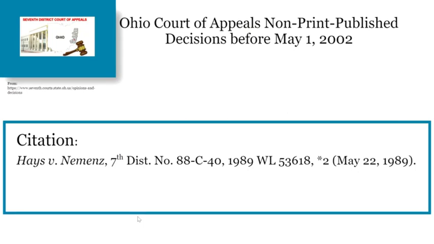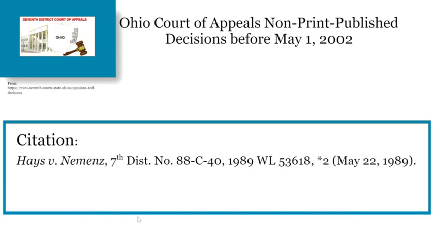Because the case was decided prior to May 1st, 2002, the Westlaw database number is also included. The 5-digit number of 53618 is a document number specific to Westlaw, not a case number. The 2 denotes section 2 of the decision.